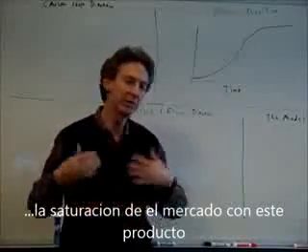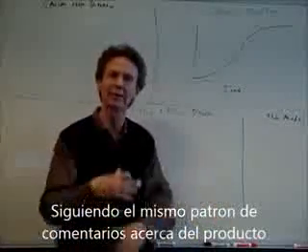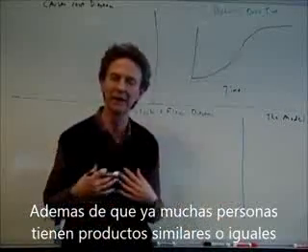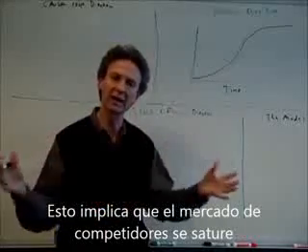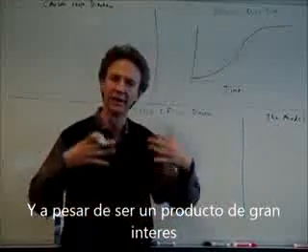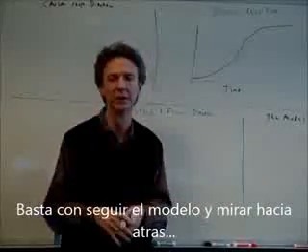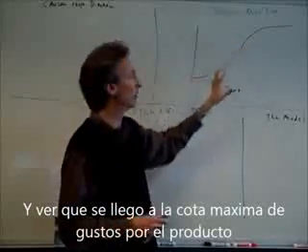So, people love your product, they tell others, but there's less and less people to tell it to because everybody's adopted your product or a product like it from competitors. So the market gets saturated. So even though it's a great product and high interest, it just has run out of room to grow. So that's essentially what most growth looks like.